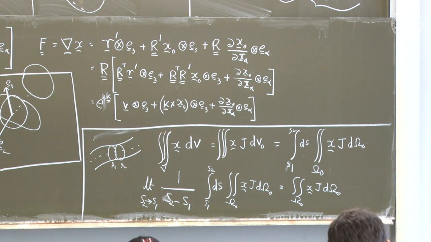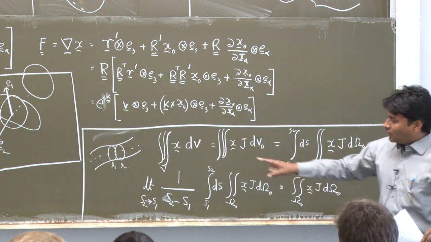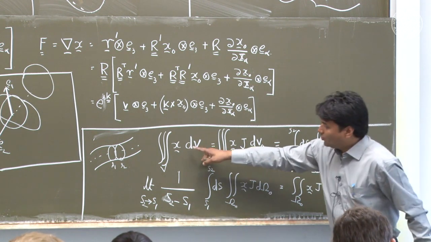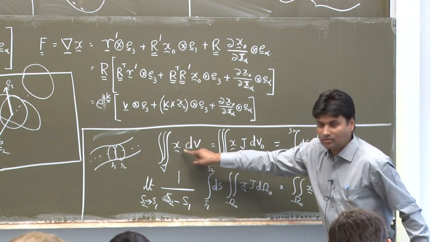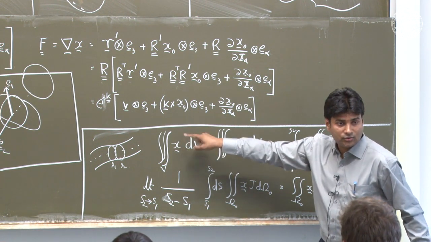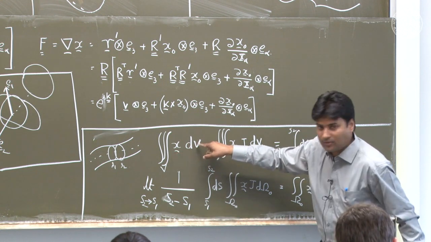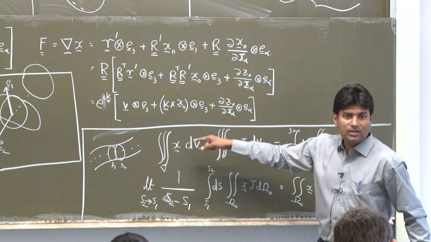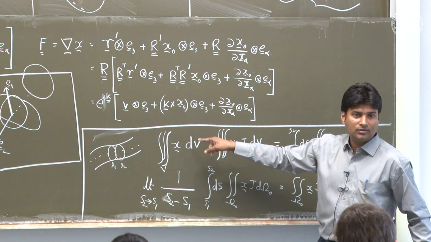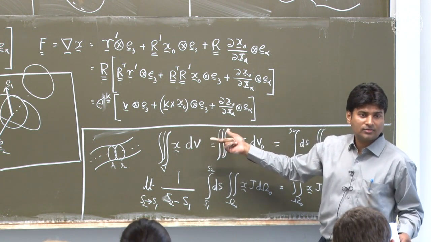But if you had wanted the mass center, things would have been much easier. In case of mass center, you would have rho dV, because that's your dm. So, you would have little x times dm instead of dV, but dm is rho dV, which is same as rho naught dV naught.